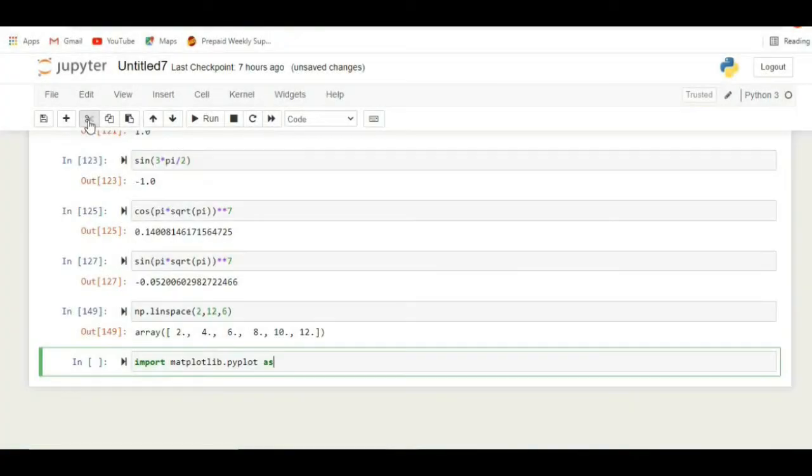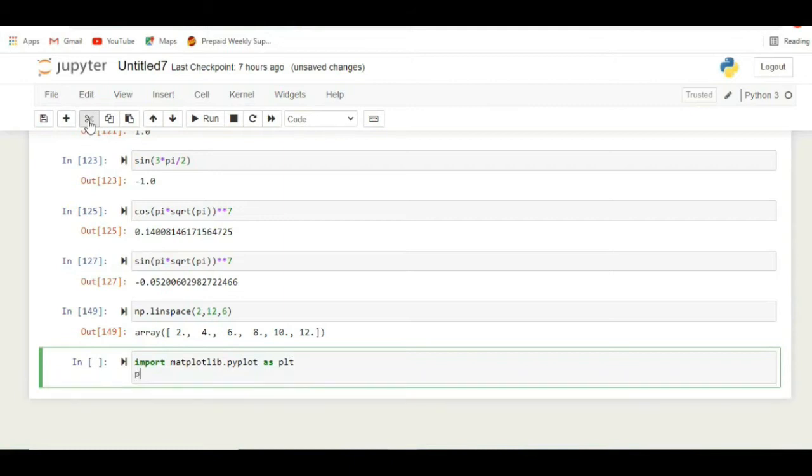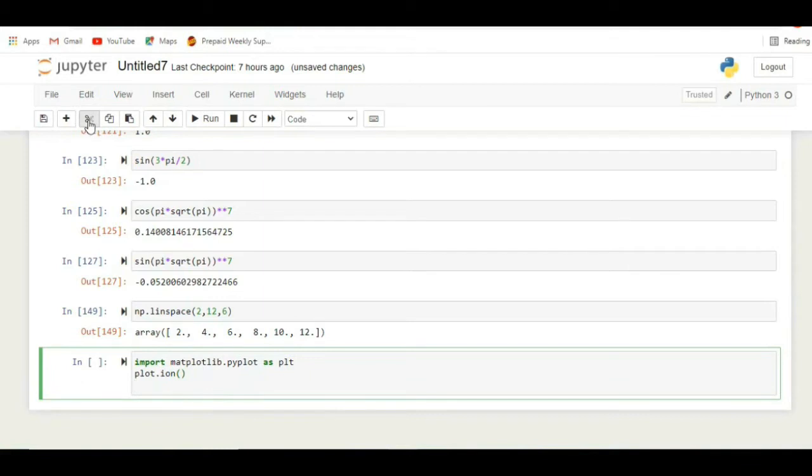Now the next code is import matplotlib.pyplot as plt. Okay, and now you shall write plt.ion inside the parenthesis. Then we write plt.plot and a square bracket.